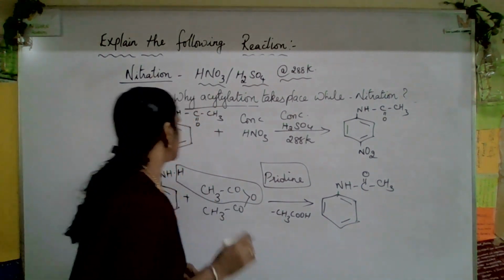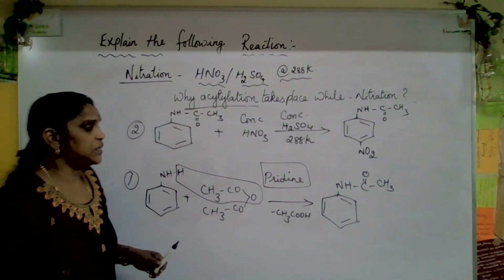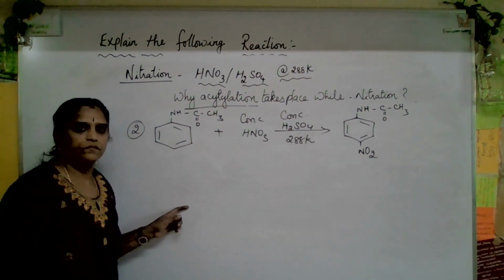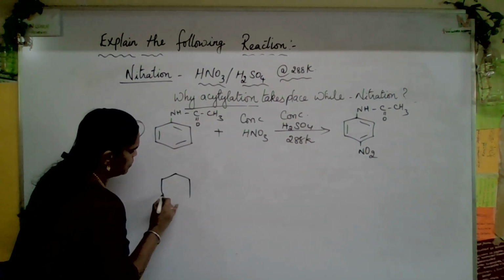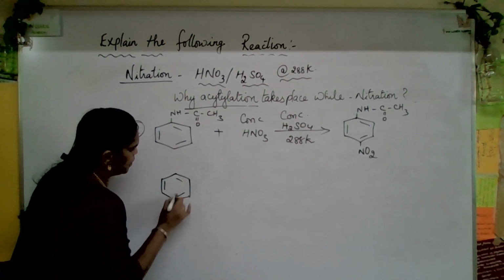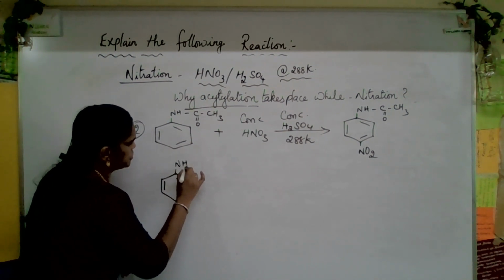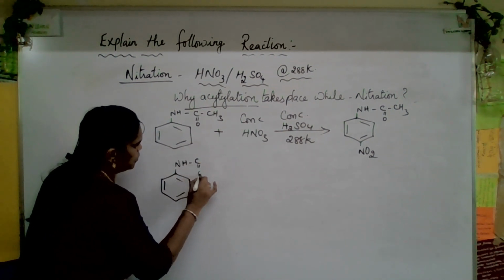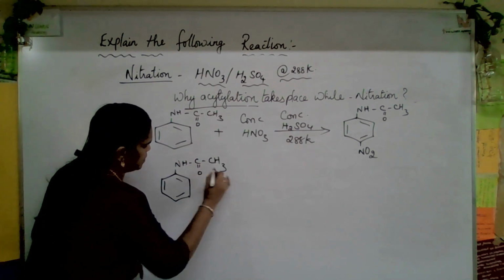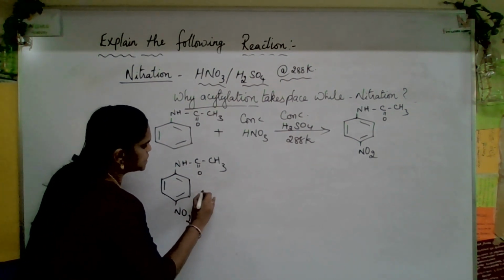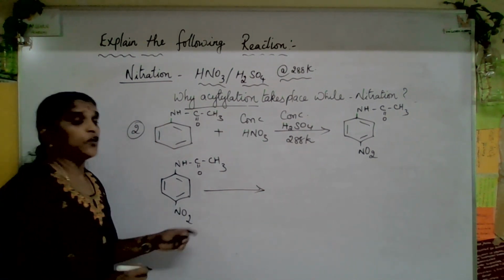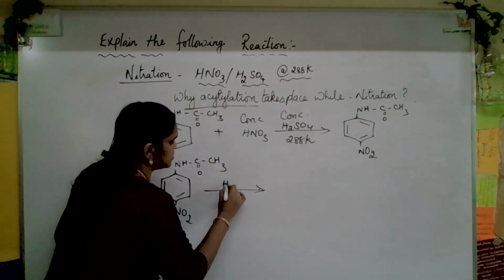Okay, now the third step. This is the second step. Now the third step, what happened? This is the amide group of the nitro derivative, NH C double bond O, CH3, and here NO2. This undergoes the hydrolysis process, H2O.